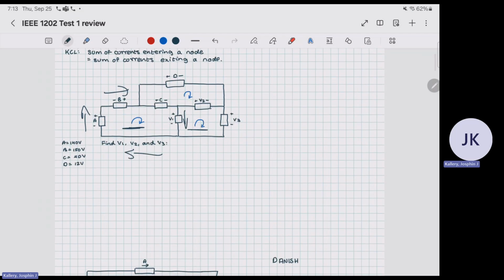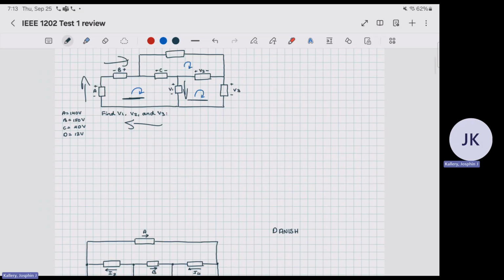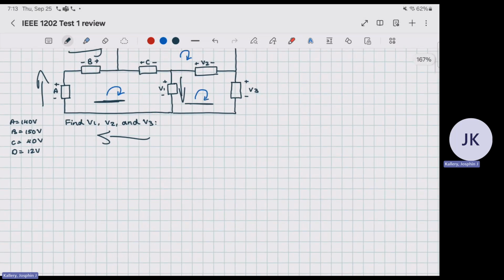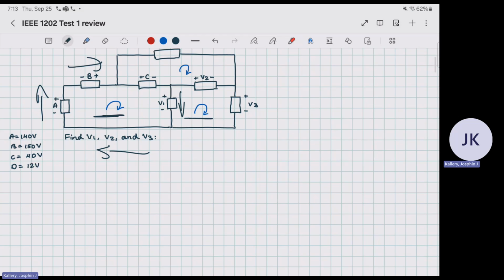All right, so for the first part, we'll be doing the bottom left loop, and we have A, B, C, and V1. So we have three components that we have the values of, but we don't have V1. So basically what we will do is we enter through the negative, so it'll be negative 140 minus 150 plus 40, and then plus V1 equals 0.